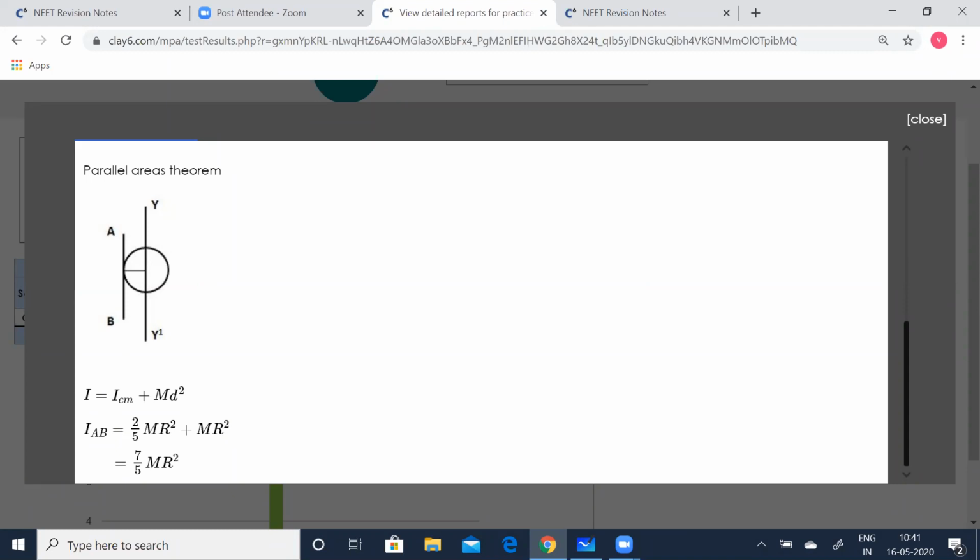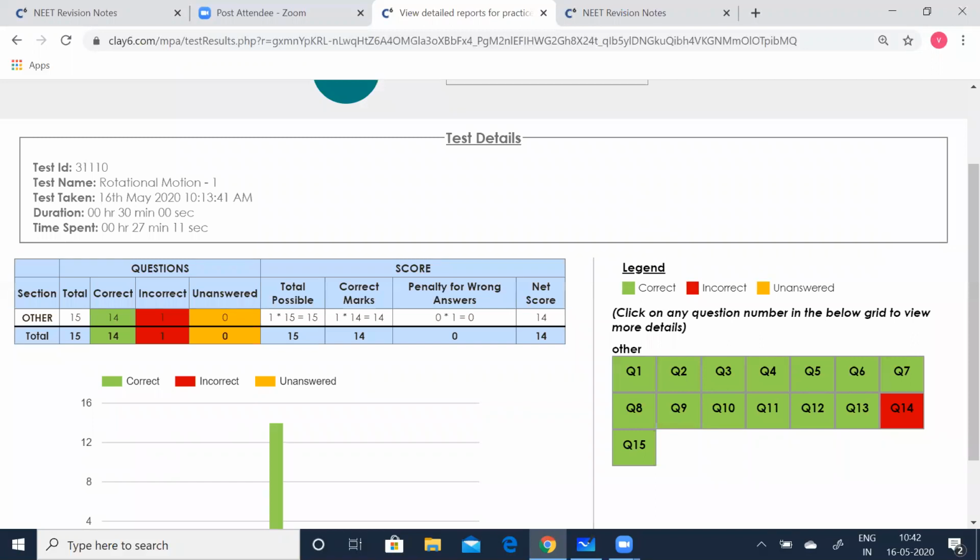So likewise, the explanation part is also given. You can as well verify your answer, which is the correct answer. And then if you're wrong, you can go through the concepts again. You can see how many questions are wrong and how many are correct. Go through that.